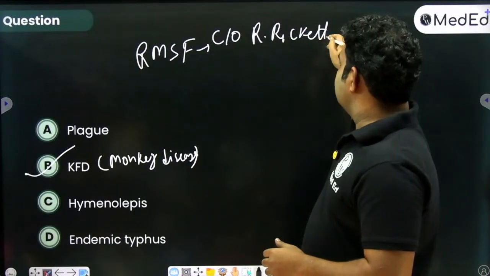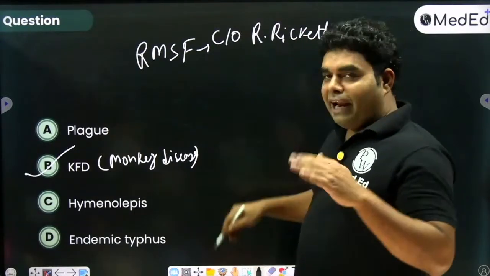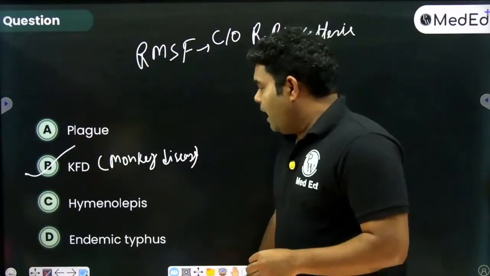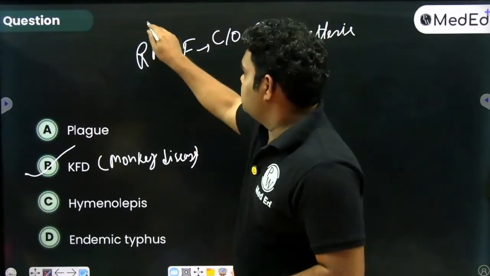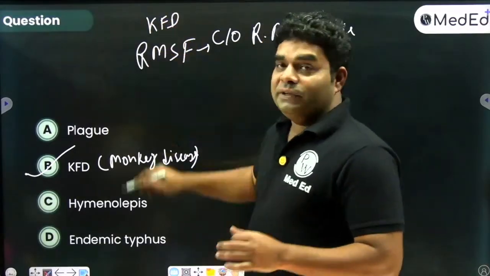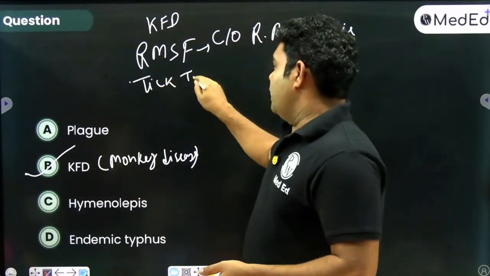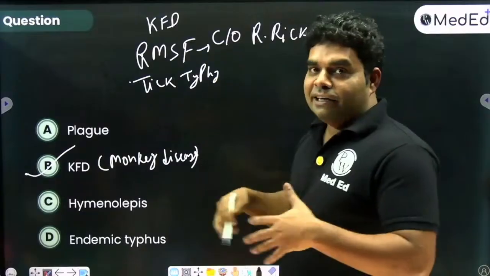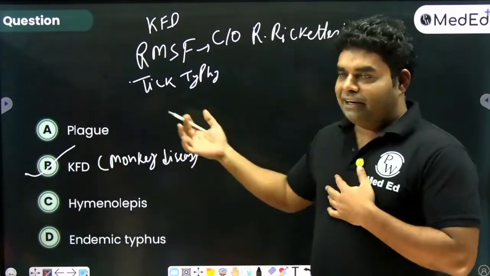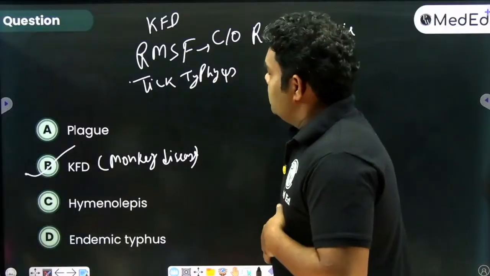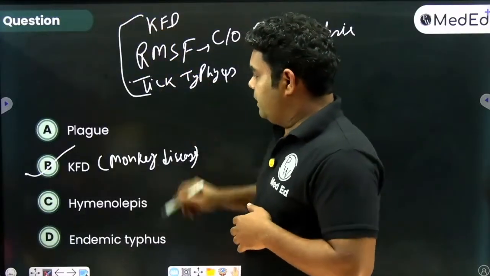Other than that, the hard tick transmits all the diseases with T, like Indian tick typhus. So you can remember it like this: Indian tick is hard tick. Then there is tick fever, tick paralysis. So these are the diseases by hard tick.